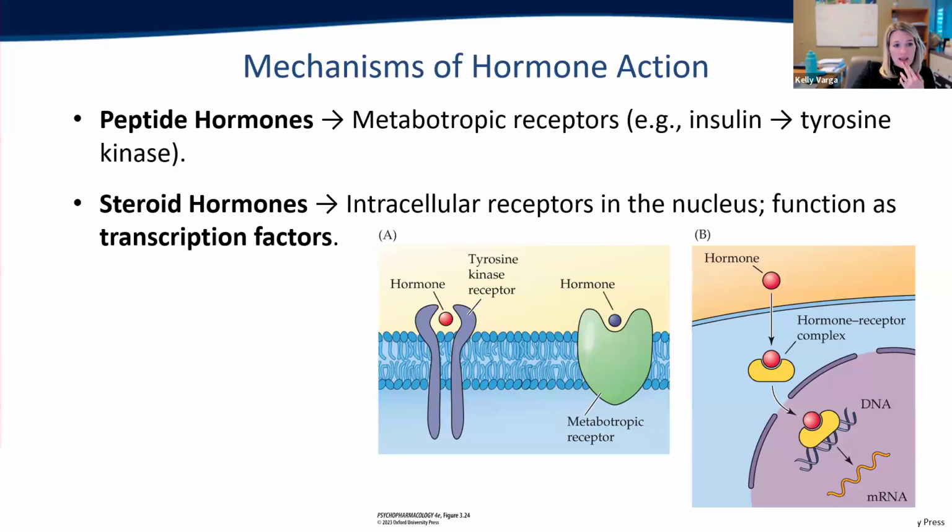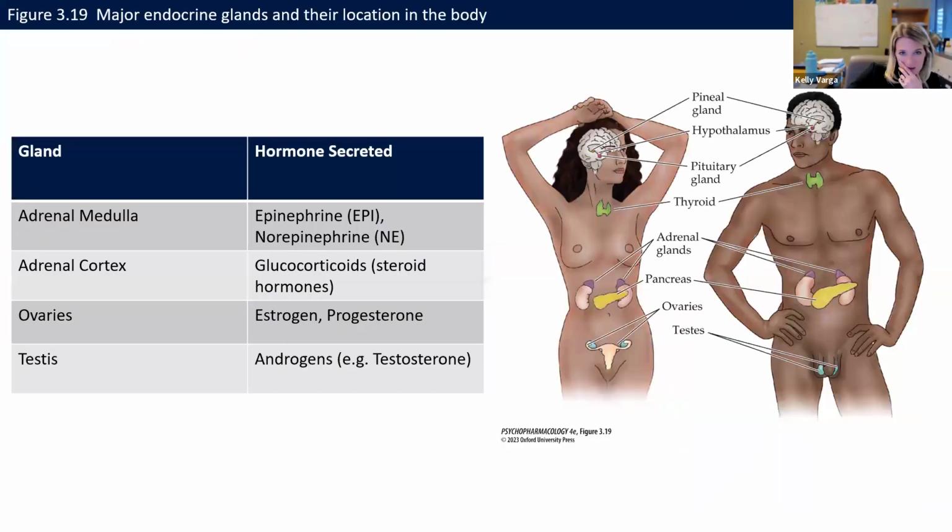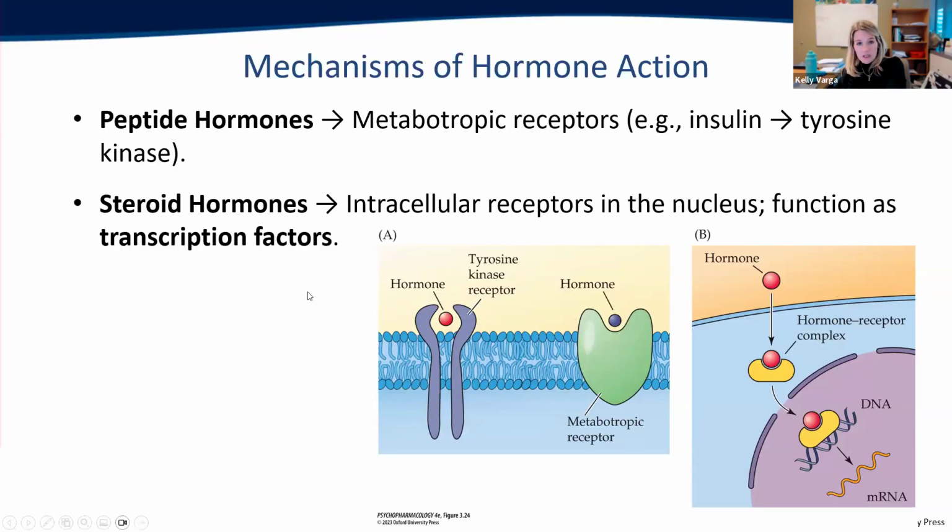I can also see that I have steroid hormones, and these steroid hormones act on intracellular receptors for the nucleus, which turn on gene transcription. Boy, that makes sense, right? I have to upregulate. I have to be responsive to long-term action. So again, in our adrenal cortex, glucocorticoids, or steroid hormones, are given in response to stress.